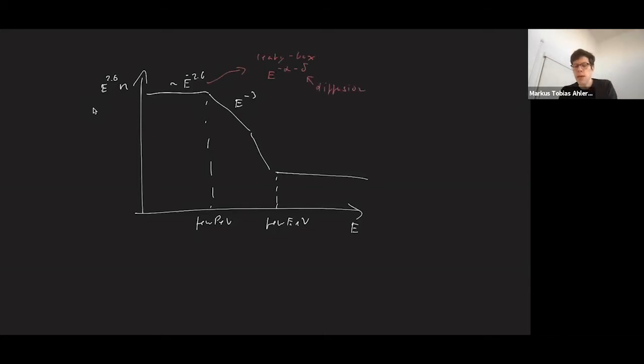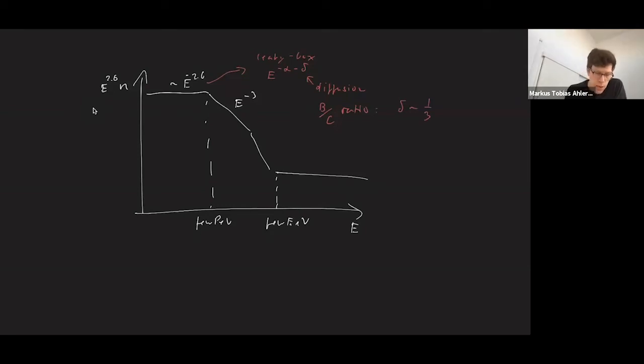Now, when we were looking at, for example, the boron to carbon ratio, you could motivate that the diffusion index delta should be of the order of 1/3. And this is actually what you would expect from Kolmogorov turbulence, if you go back to the study of the diffusion tensor in the first lecture.